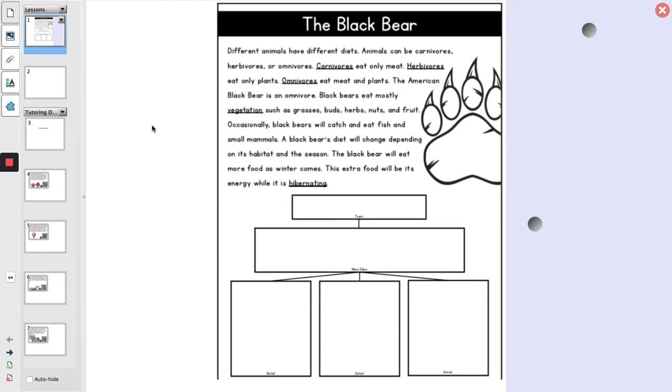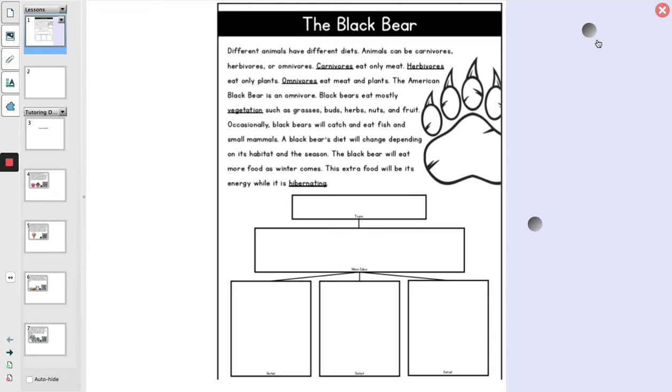Black bears eat mostly vegetation, such as grasses, buds, herbs, nuts, and fruit. Occasionally, black bears will catch and eat fish and small mammals. A black bear's diet will change depending on its habitat and the season. The black bear will eat more food as winter comes. This extra food will be its energy while it's hibernating.